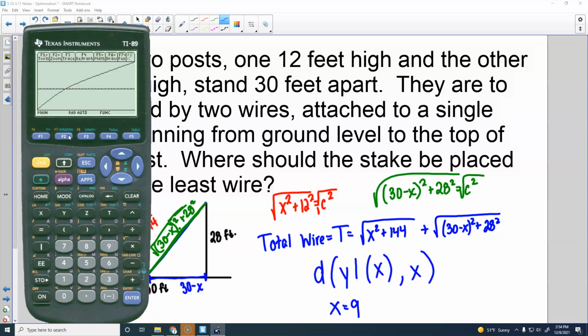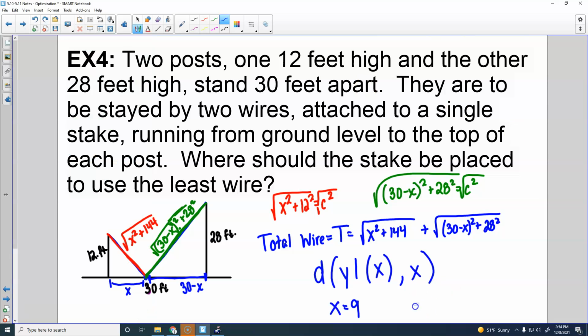And then to do Zoom, once you have graphed it, if you click F2 without the green button. I just changed my X's from 0 to 30.